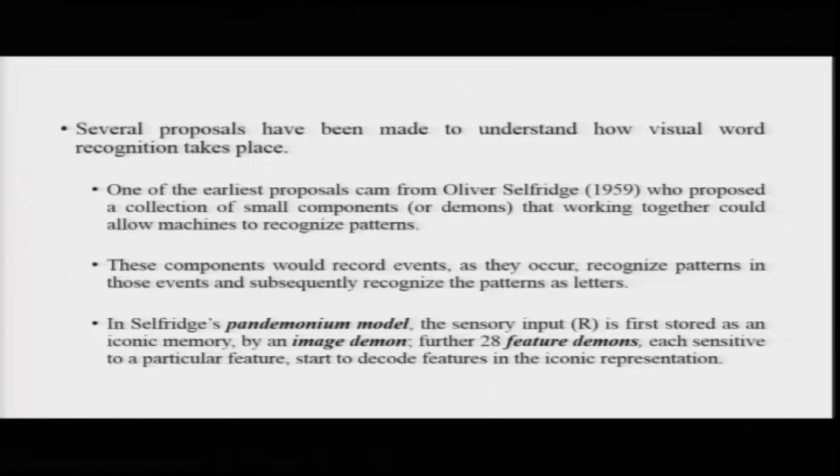Several proposals obviously have been made as to how the brain might be doing this, how we might be doing this as people. One of the older models, or the first models on this, was Oliver Selfridge's Pandemonium Model. In Selfridge's Pandemonium Model, the idea is that there is the sensory input R, and the sensory input is very quickly captured by iconic memory, the vision based memory, by something called an image daemon.